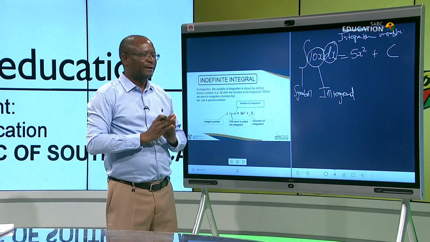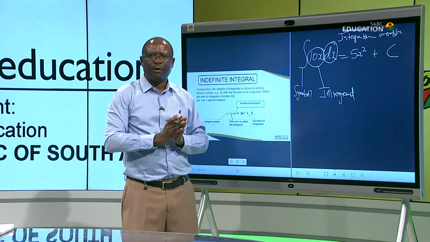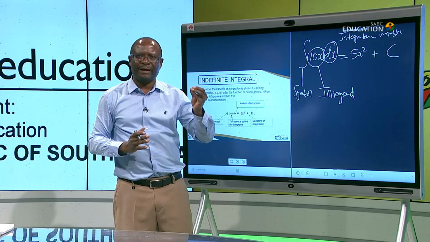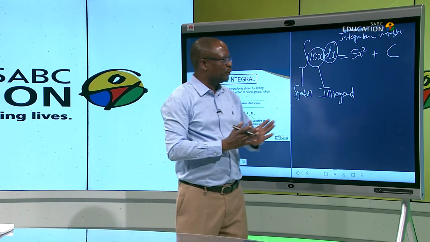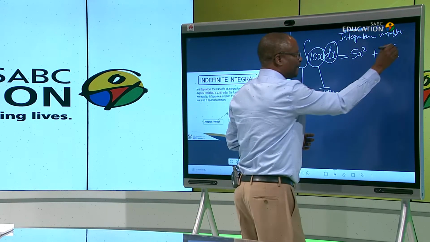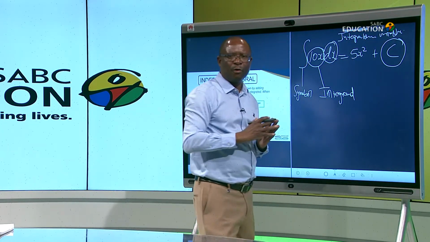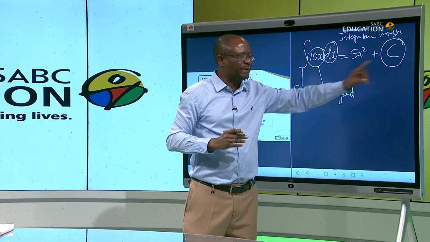And the rule is that if we're dealing with the indefinite integral, always remember to add the arbitrary constant, which we refer to as the constant of integration, this variable c. Always it must be added. Don't lose any mark by omitting the c.